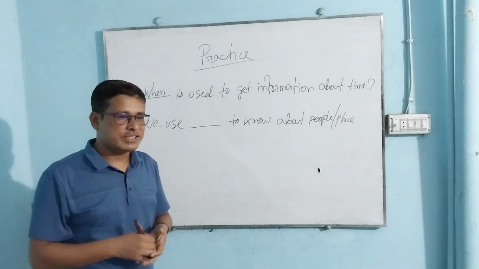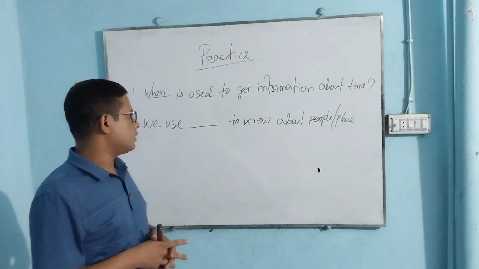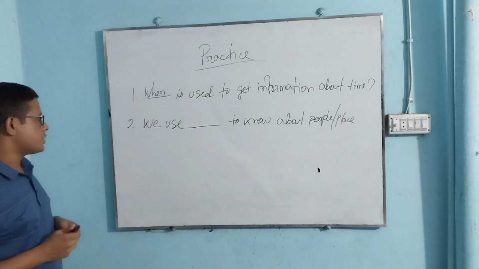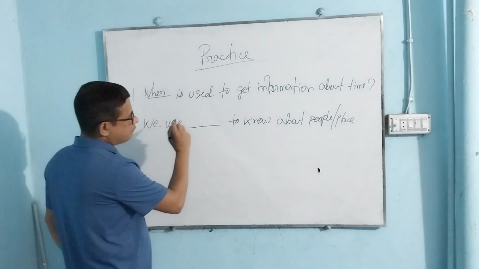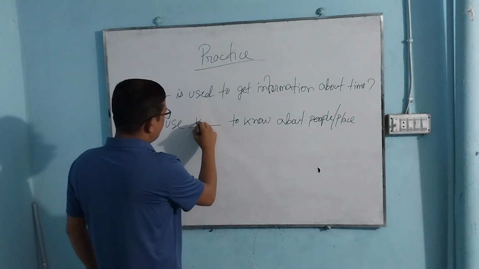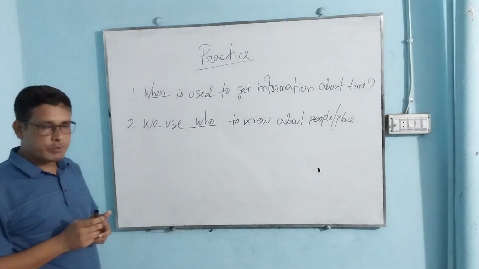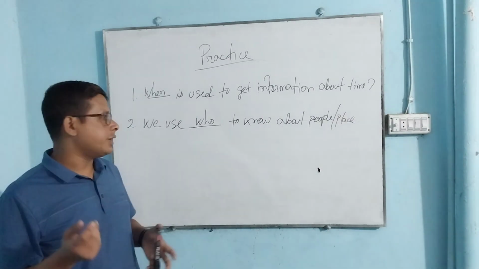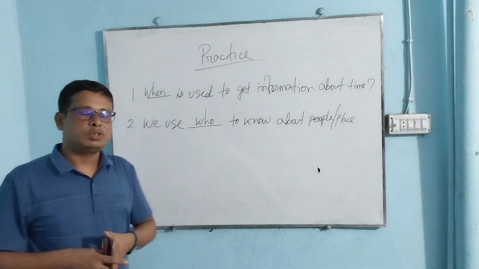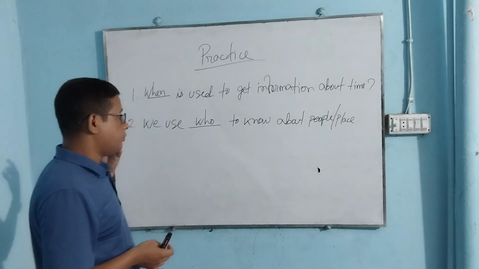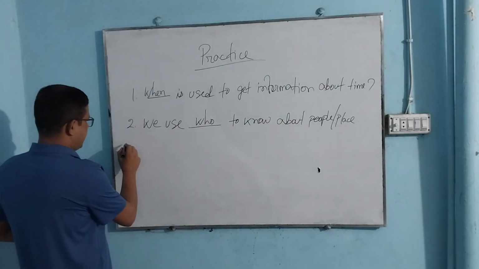Okay, now your turn, answer the question. What do we use here? Yes, thank you so much. We use who. We use the WH word who to know about people or place. Okay, I am repeating. We use who to know about people or place. Okay. Next.